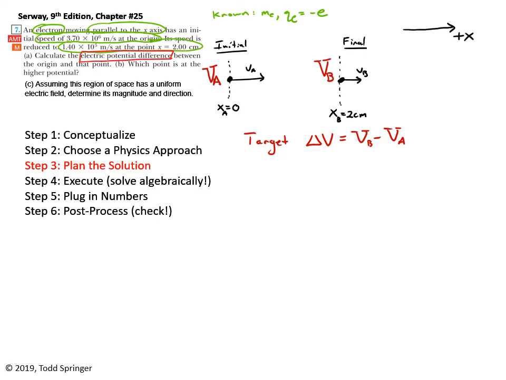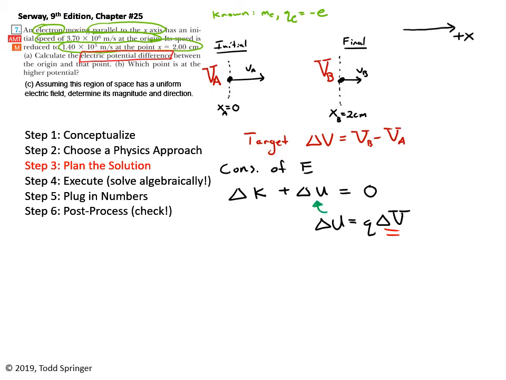So we've identified an energy approach to solve this problem. We want to use conservation of energy, and our starting point for that is always going to be delta K plus delta U is equal to 0. And then of course we need to substitute in here delta U is equal to Q delta V. Delta V of course is our target variable.